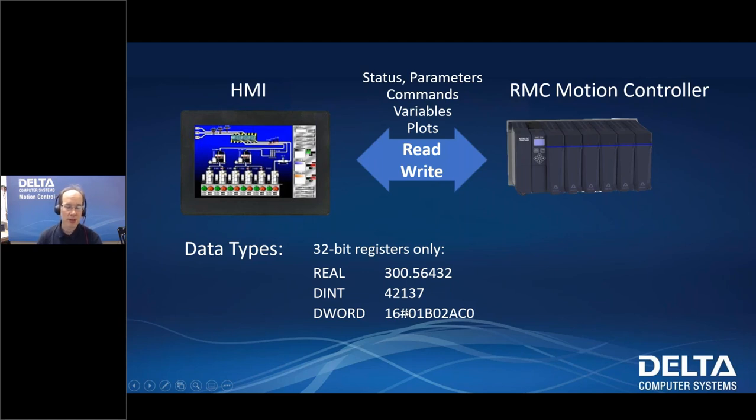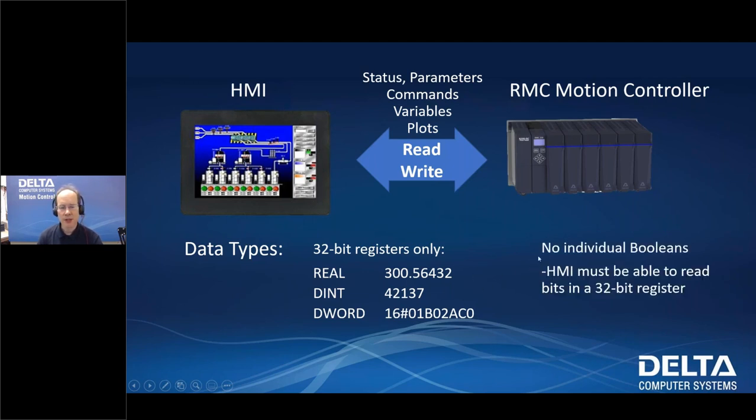HMIs may also use this, or they may use 0x something, or they may just represent it as an integer. The key here is that the RMC does not support individual Booleans over the communications. So that means if you want the HMI to be able to read a bit, say like a status bit of in position, for example, it has to be able to read bits from within a 32-bit register.